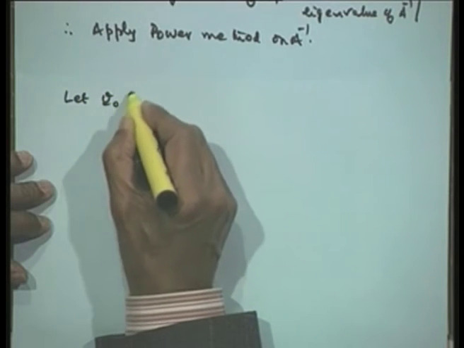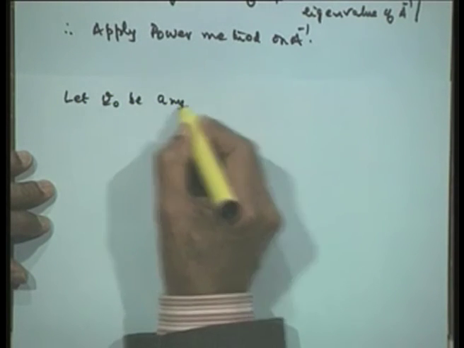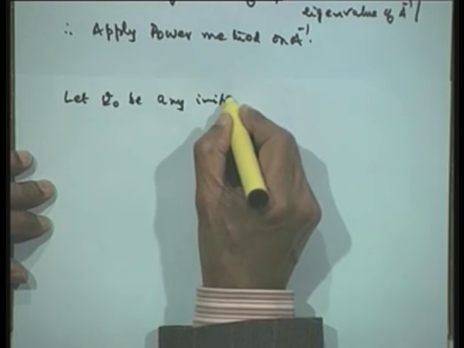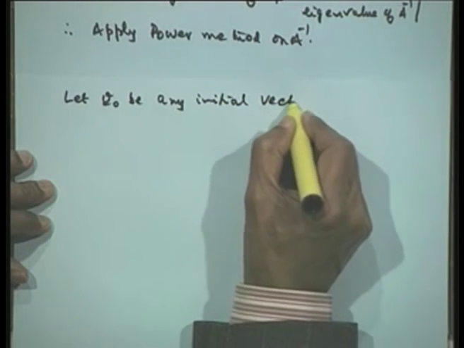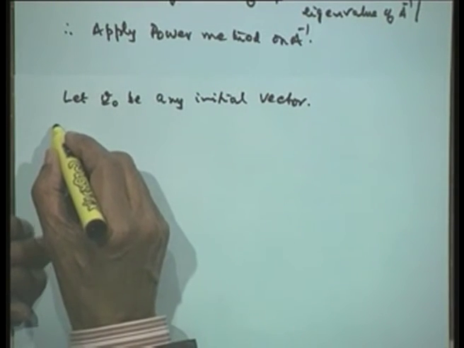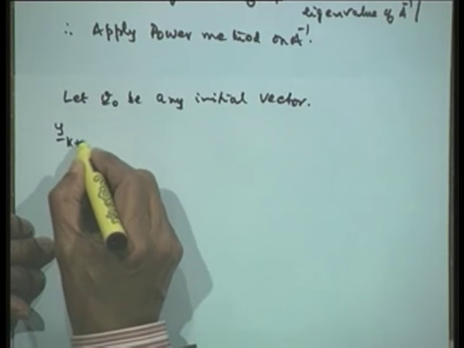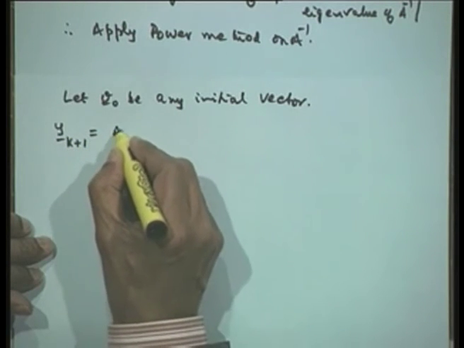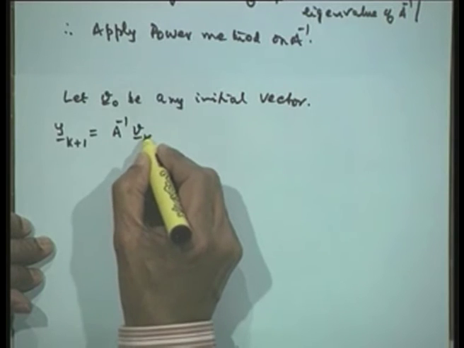Now, let us write down in detail what the inverse power method is, so that we can give the simplest way of getting the iteration. Let us again start with any initial vector V naught, of course again non orthogonal to the actual eigenvector. Then the iteration is y k plus 1 equals A inverse of V k.